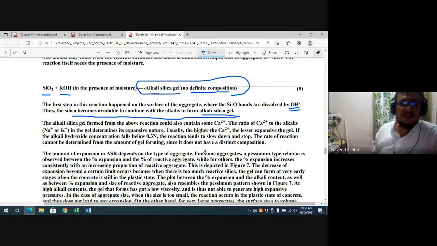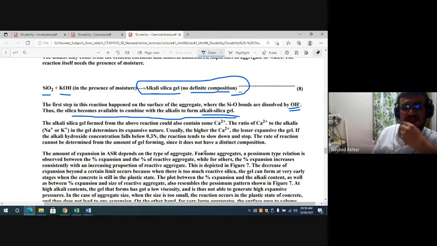The alkali silica gel formed from the above reaction could also contain some calcium plus 2 ion. The ratio of calcium plus 2 ion to alkalis, Na plus or K plus ion, in the gel determines its expansive nature. Expansive nature means it can expand unusually, and usually the higher the Ca2 plus, the less expansive the gel.